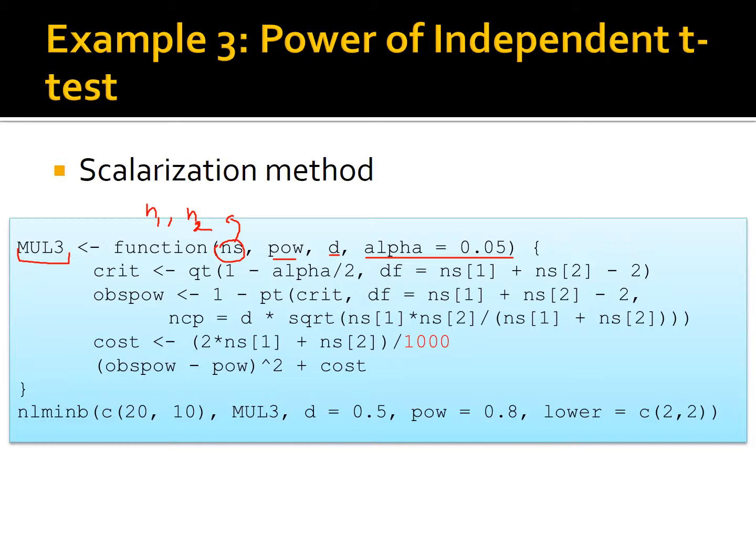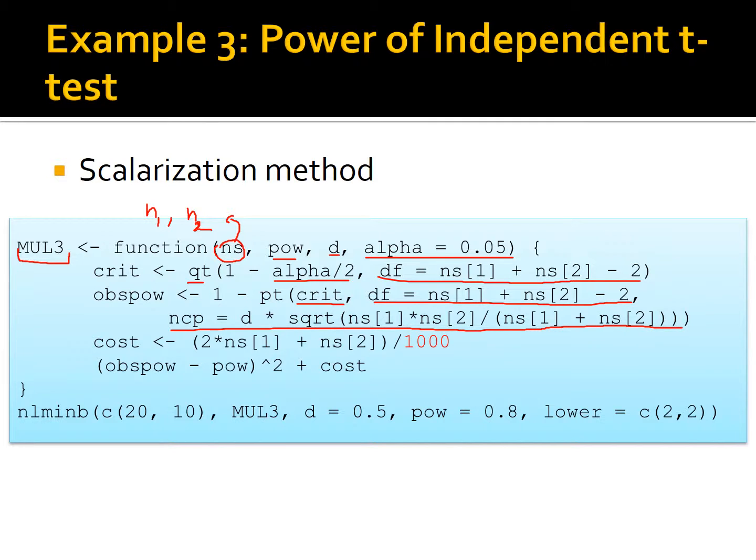Then the critical value is qt again, with 1 minus alpha divided by 2, and the degrees of freedom would be the sum of sample sizes minus 2. The observed power is 1 minus pt from the critical value, with this degrees of freedom and this non-centrality parameter.